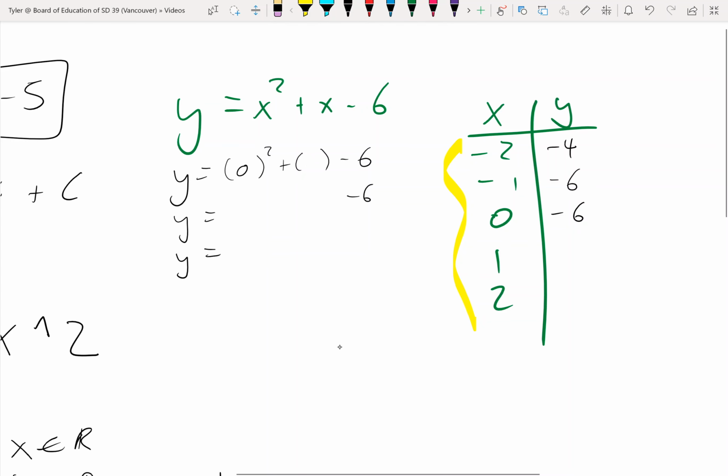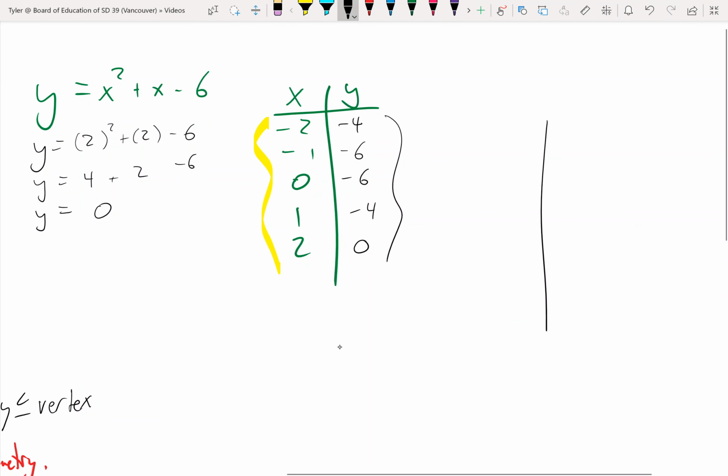Do it again, subbing in 1s. 1 plus 1 minus 6 gives me -4. Okay? Do it again with 2. 2 squared, 2. 4 plus 2 minus 6 gives me 0. Cool. Okay? So, just by doing this, I actually have enough information that I could graph it if I wanted to. Okay, on my terrible, terrible inaccurate graph.